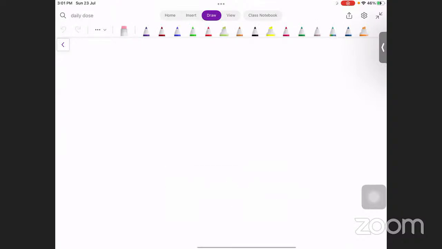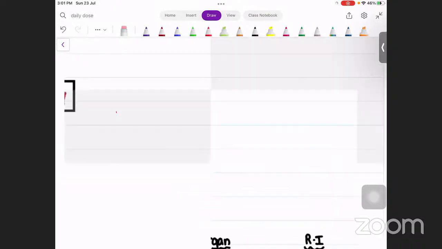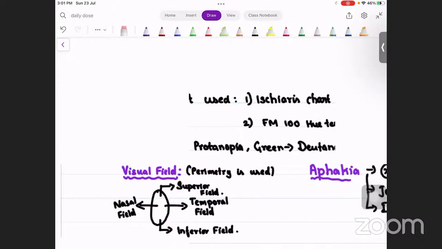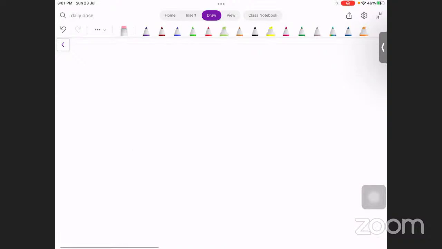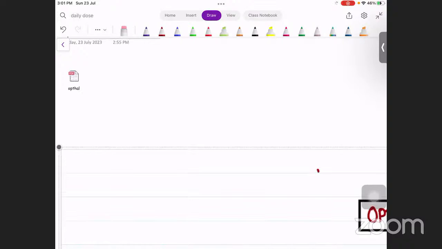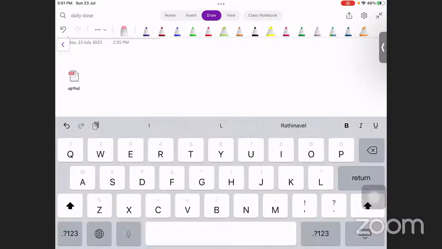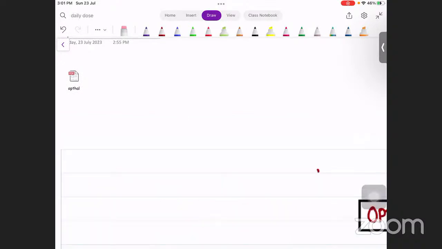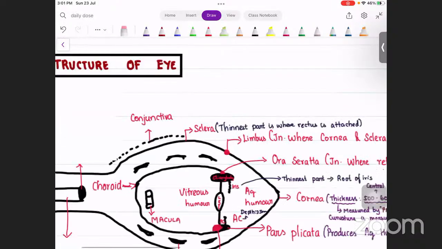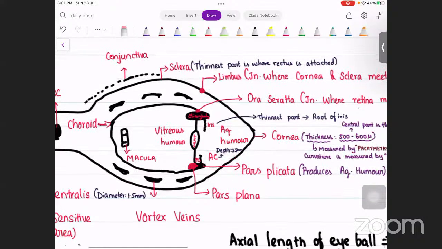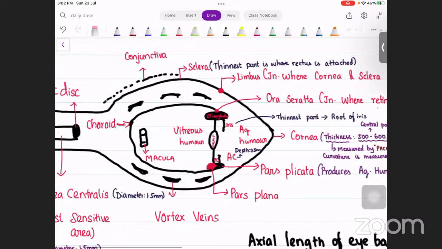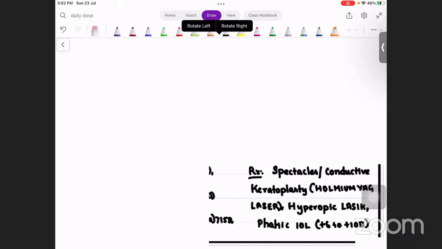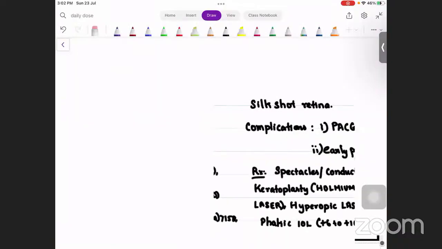One second. The pencil is not working. There is something wrong with these images. Let me check it out.